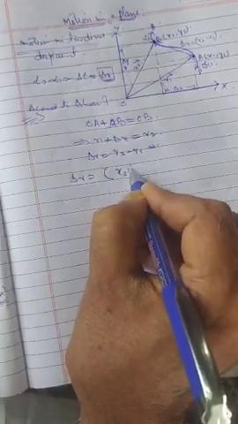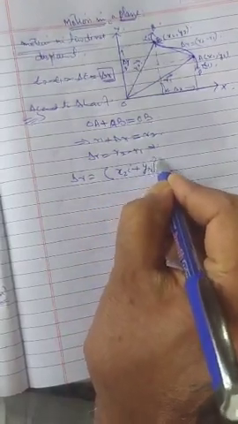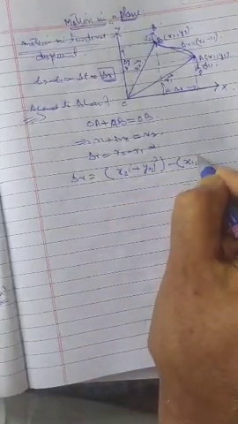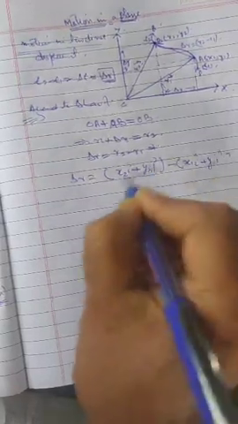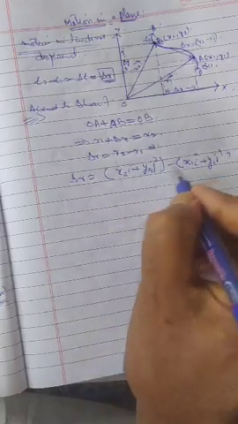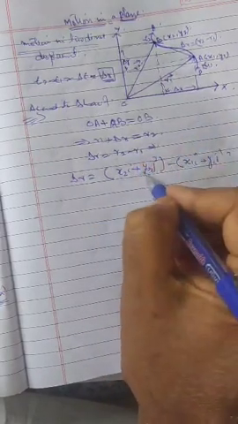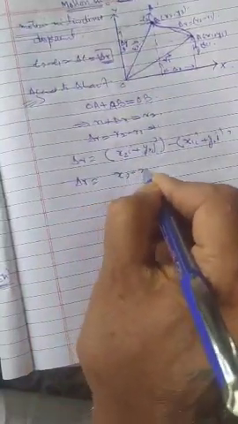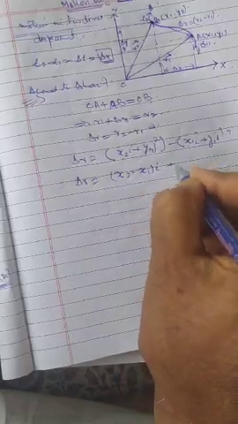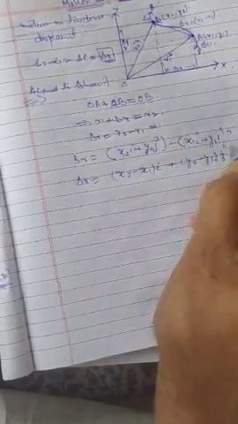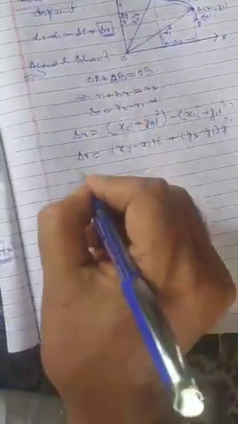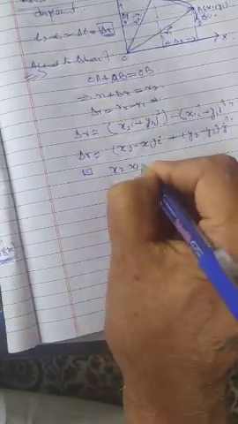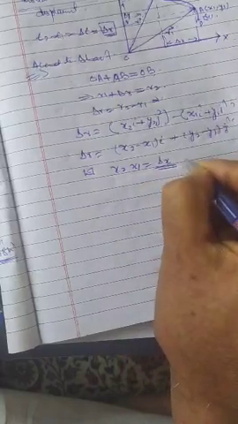It will be x2 i plus y2 j minus x1 i plus y1 j. ये x2 minus x1 will be the displacement along x-axis and y2 minus y1 will be the displacement along y-axis. इस तरह हम लिखेंगे del r is equal, this will be x2 minus x1 into i, it will be in x-axis, plus y2 minus y1 into j, it will be along y-axis. ठीक है, ये जो x2 minus x1 है, it is del x which is displacement along x-axis, and y2 minus y1 it is del y, displacement along y-axis.